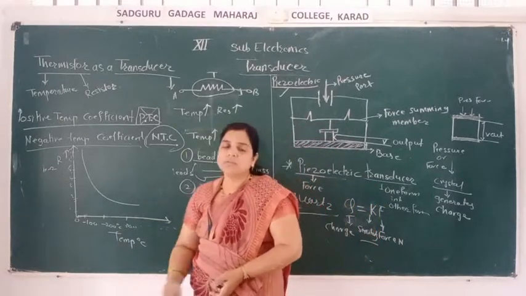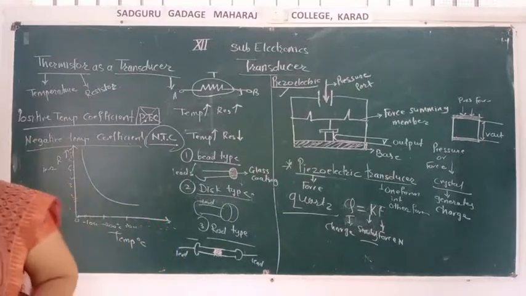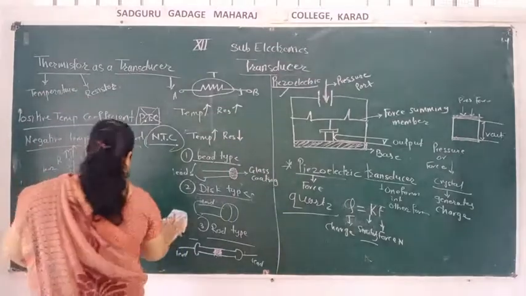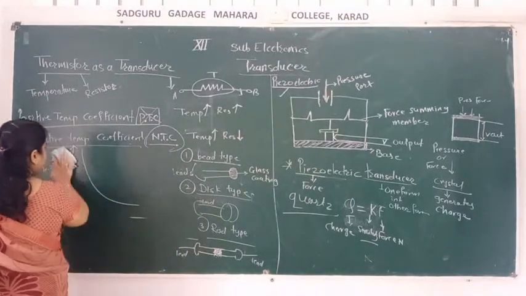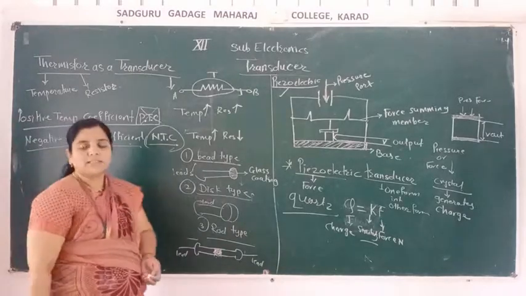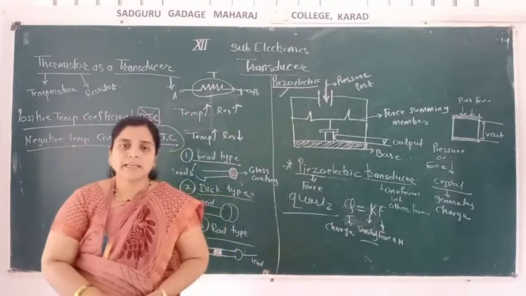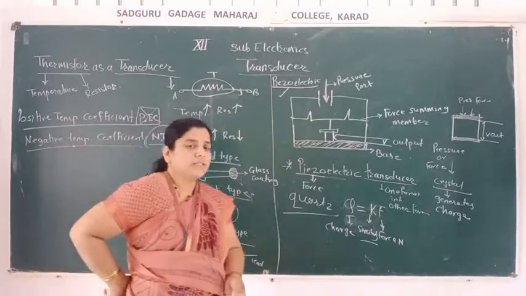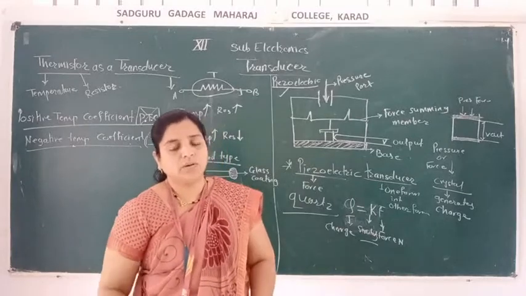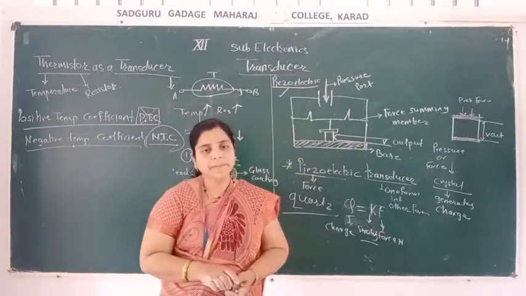Next you have to draw the graph for temperature versus resistance, showing the graph as decreasing. So this finishes the thermistor as a transducer and the piezoelectric as a transducer. Do all of you understand? It is a very simple concept. Okay, I will stop.